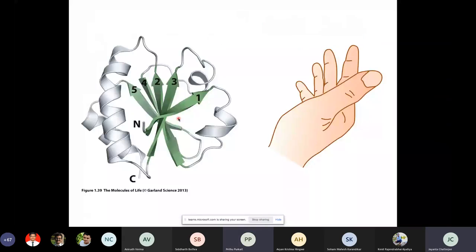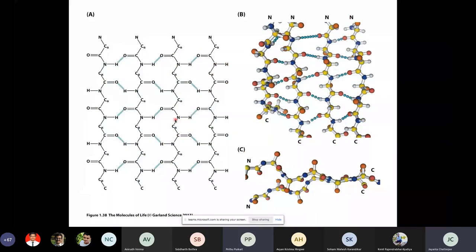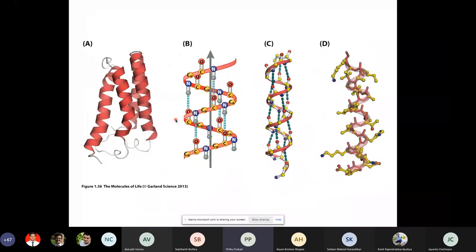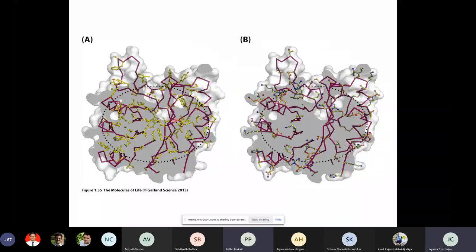Sir, I had one question. When you told us about the stability of the alpha helix, you showed us hydrogen bonds between the CO and NH group. So how does that extend to explaining the stability of the hydrophilic side chains as well? Oh, okay. So the hydrophilic side chains, if they are present in the core, typically are involved in the formation of either salt bridges or intramolecular hydrogen bonds.